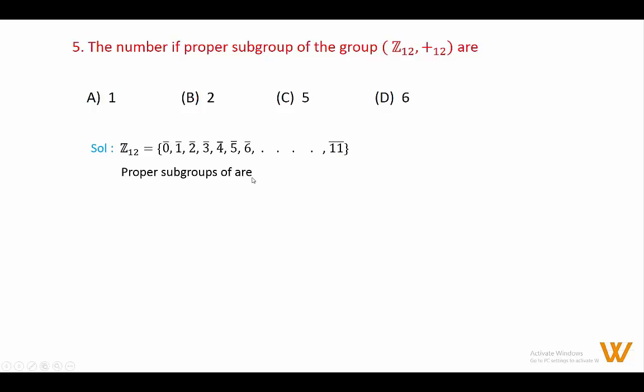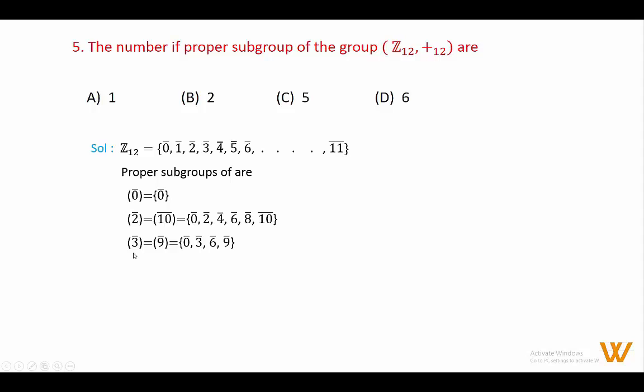Therefore, the proper subgroups of Z modulo 12: the group generated by 0 bar is the group containing the single element 0 bar. Second, the group generated by 2 bar is equal to the group generated by 10 bar, which is the group containing elements 0 bar, 2 bar, 4 bar, 6 bar, 8 bar, 10 bar.